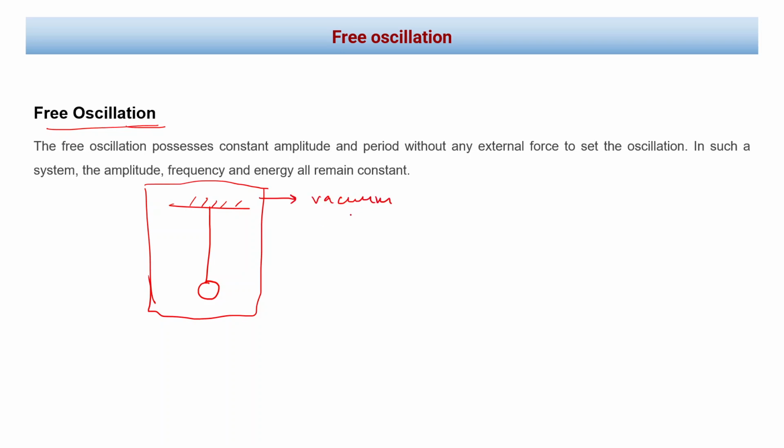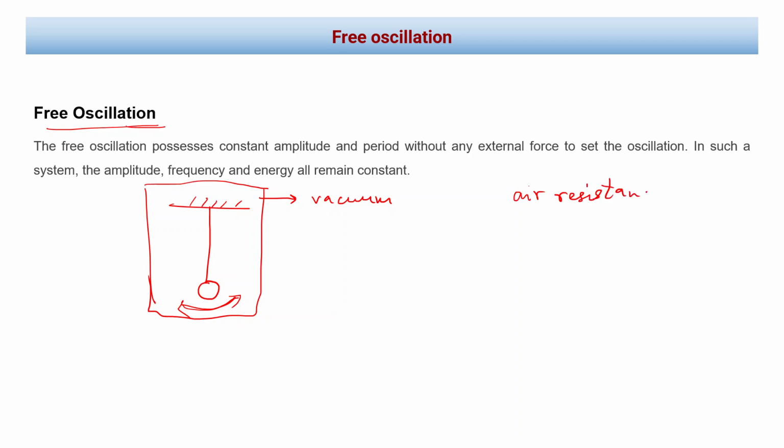Why I am emphasizing that this is an ideal situation, and it could happen in a vacuum, is because, as anybody would have observed, if we displace this pendulum, initially it will do this to and fro motion of course, but slowly after some time it will come to this mean position and stop. Why does it stop? Because there is air resistance.